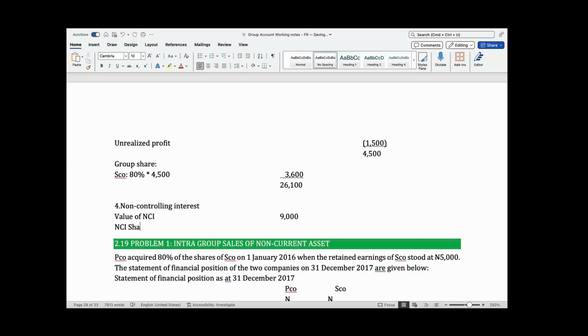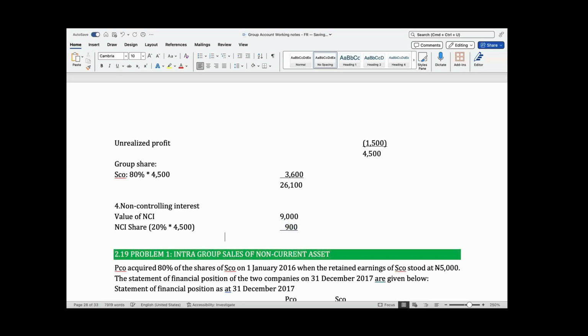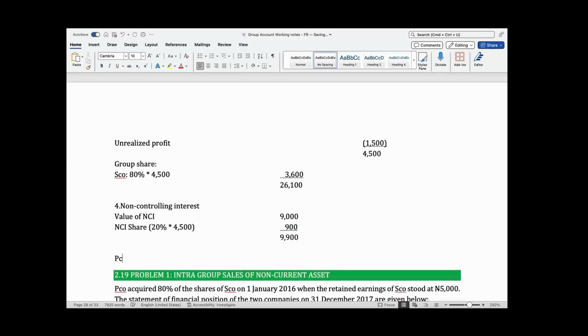So what's NCI share? That's 20% times 4.5. 900. Okay. So NCI is simply 9,900.